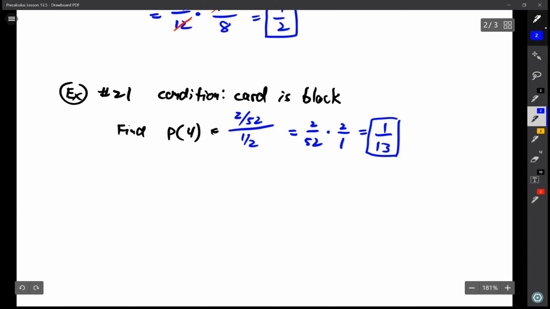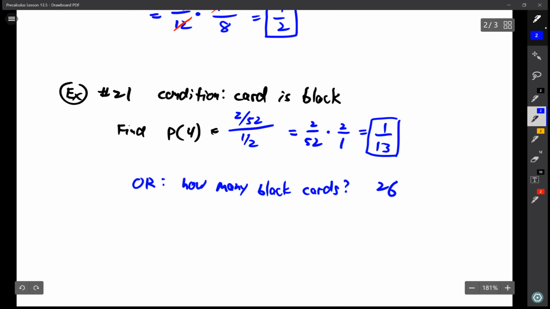The other way of looking at it is, how many black cards? Well, half the deck is black, so that would be 26.